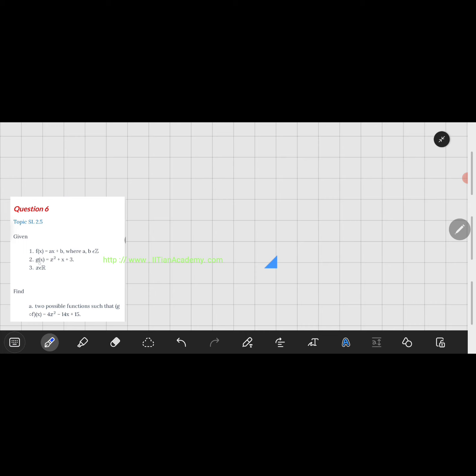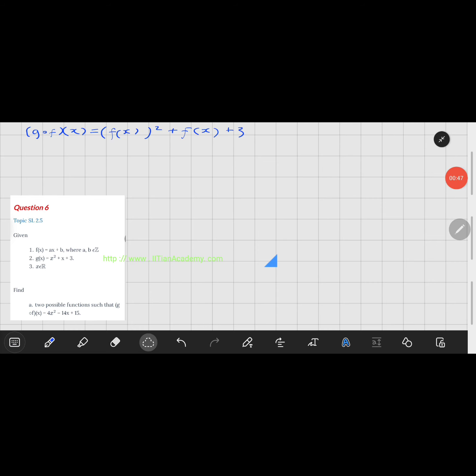To start, we will rewrite our composite function in simpler terms with regards to our functions. The composite function g(f(x)) should look something like f(x) squared, as in our function g(x) the x is squared, plus x plus 3, so it'll be f(x) squared plus f(x) plus 3.